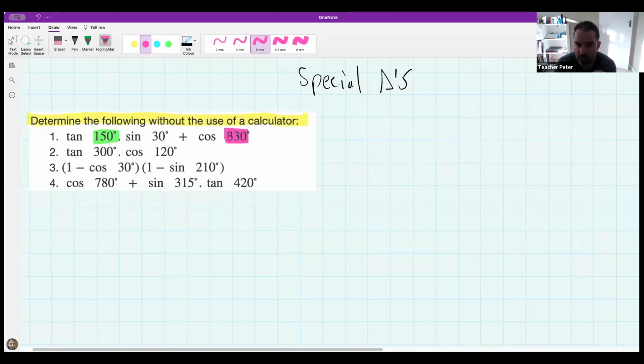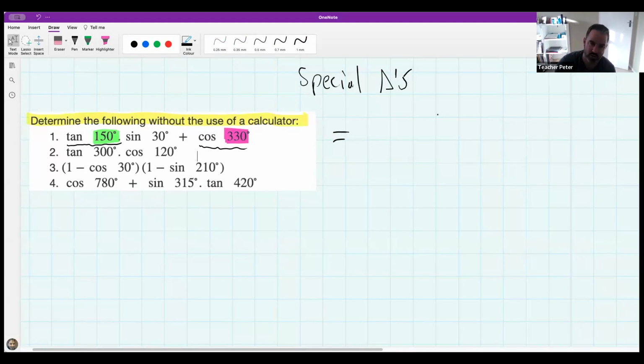So in fact, I'm not going to do this whole thing. What I'm going to challenge you to do is rewrite this number 1, except I want you to make the tan of 150 smaller, and I want you to make the cos of 330 smaller, and then write down what you've got. When you're done with that, say done in the chat, so I know you're done. But I'm going to give you at least 2 minutes to do this.